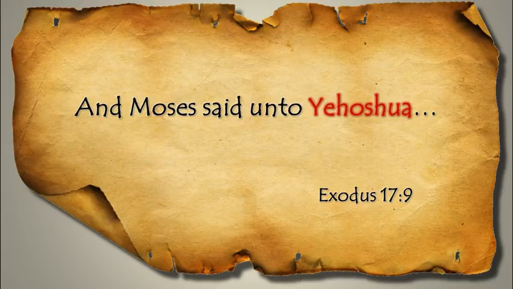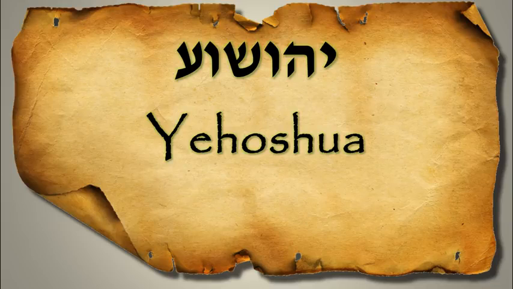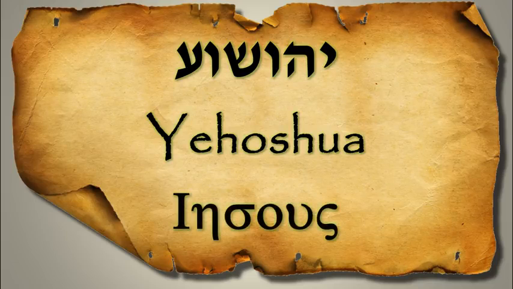When this Hebrew name was transliterated in the Greek Septuagint, the 2,000-year-old Greek translation of the Hebrew Bible, it was written as Iesous. The Greek alphabet had no Y sound, so it used the I sound. The Greek alphabet also has no H or equivalent, so this sound is dropped.